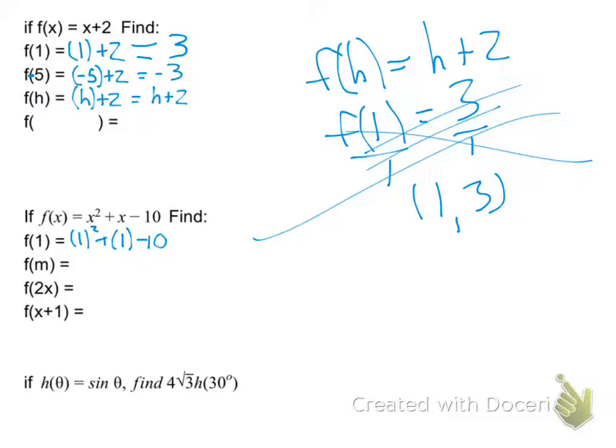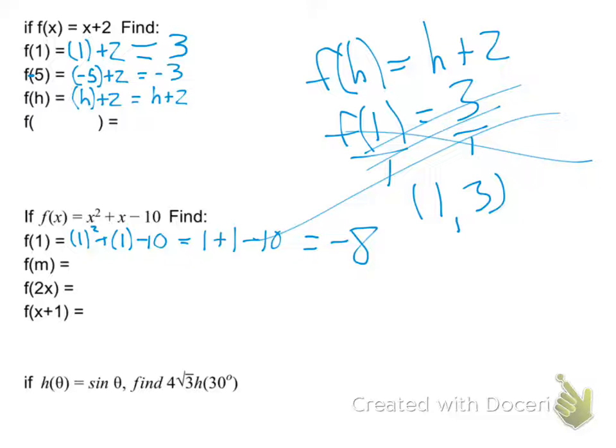In this case, the parentheses do kind of help us here because I have to do 1 squared, and 1 squared is 1, plus 1, minus 10, which ends up being negative 8. I hope you guys are not finding this to be difficult at all.